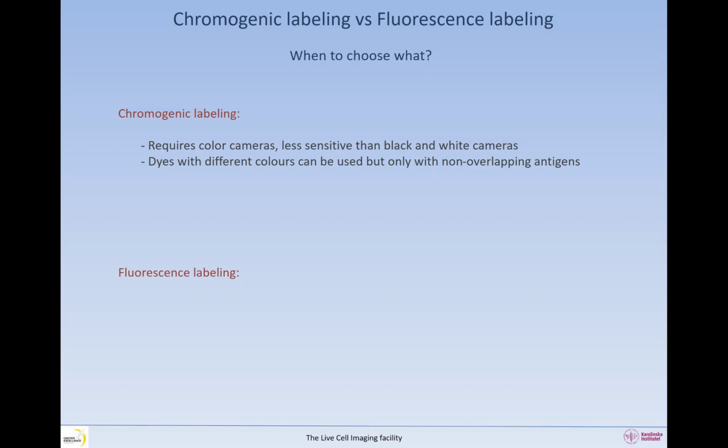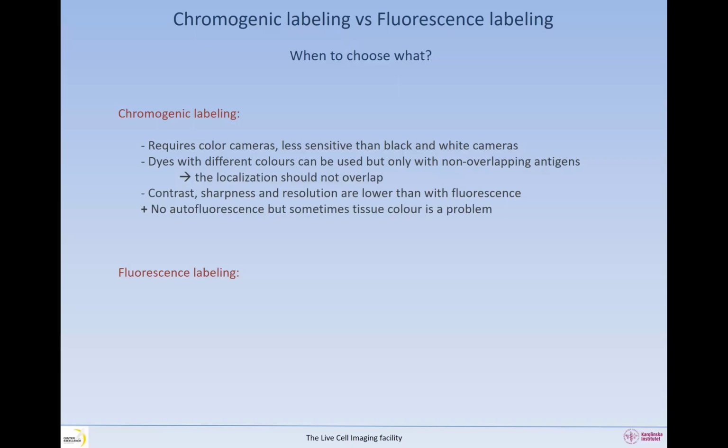So different colors can only be used when, for example, we label different cell types or different cell components within a cell, like, I don't know, cytoplasm, nucleus. Otherwise, you will not be able to distinguish. Another disadvantage of using chromogenic detection is that the contrast, sharpness, and resolution are lower than in fluorescence detection.